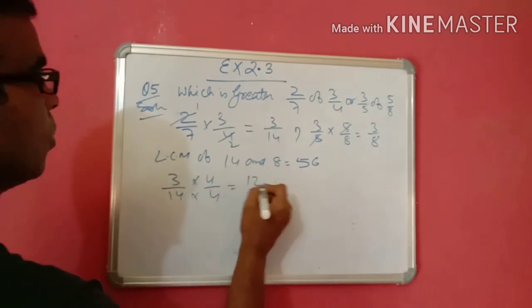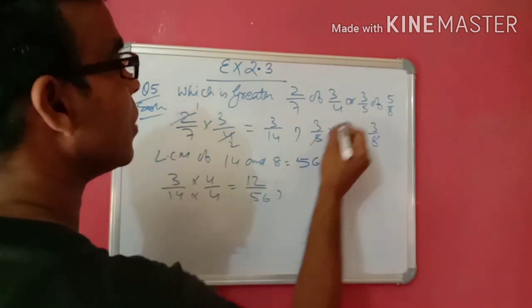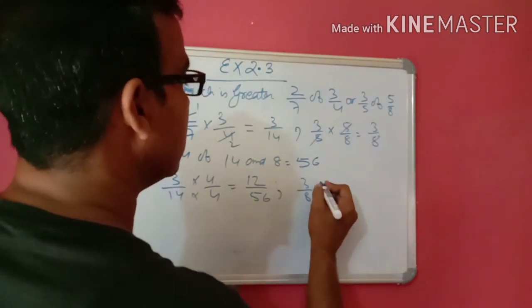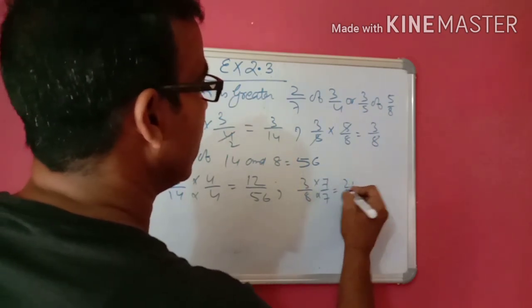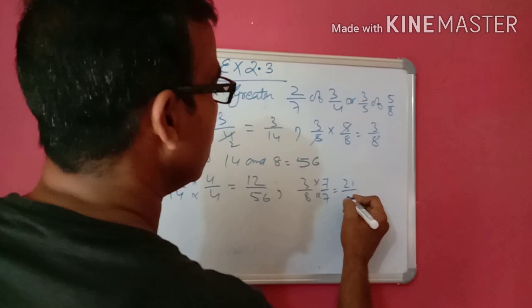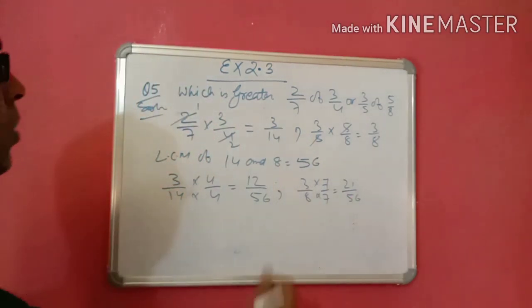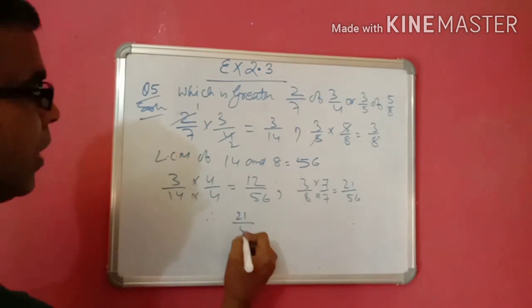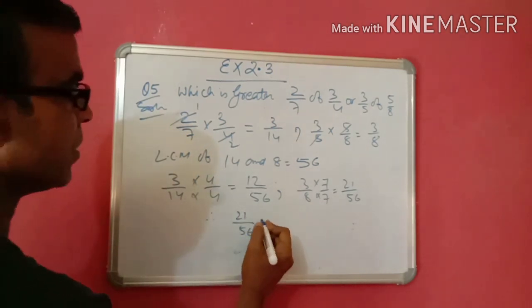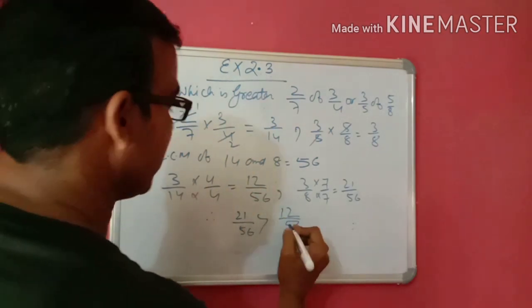So it will be 12 by 56, and this one is 3 by 8; I have to multiply by 7. So this is 21 by 56. Which is greater? So compare 21. Therefore 21 by 56 is greater than 12 by 56.